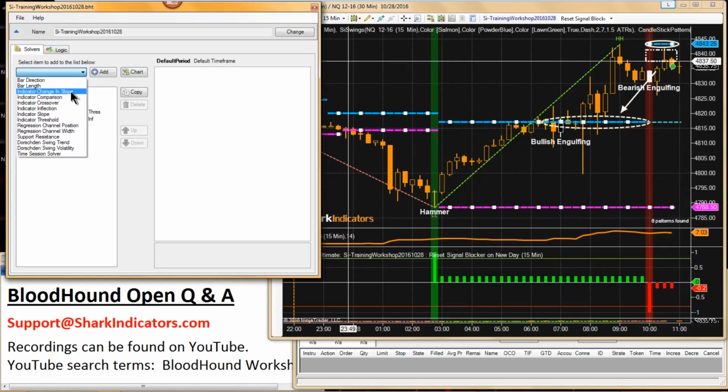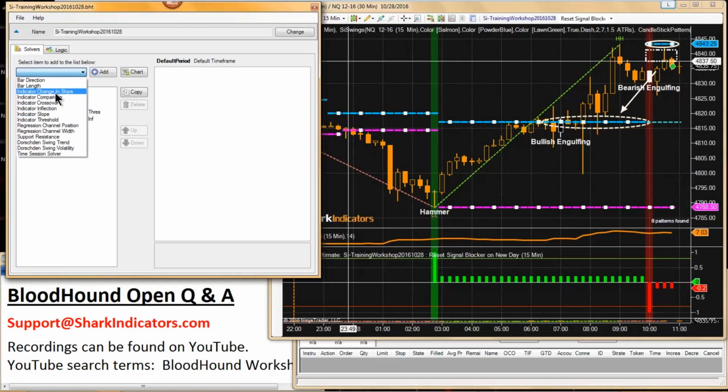The change in slope, like it says, is looking at the change in slope. Really what most people want to be using is the actual slope solver. The slope solver just determines: is your plot sloping up or is it sloping down?